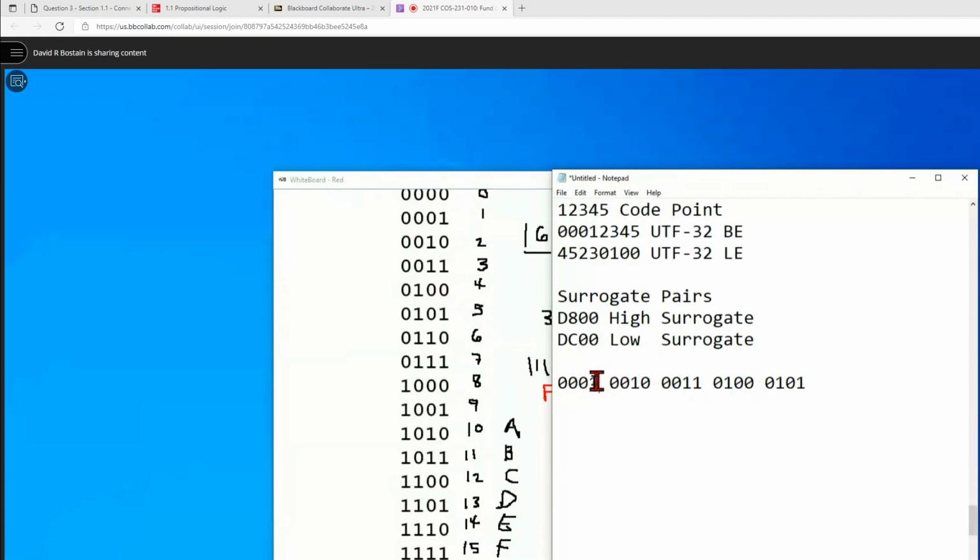But what I don't have is enough bits here to break it into pairs, 10 bits wide. So what I have to do first is I have to make sure that I have only 16 bits to work with.